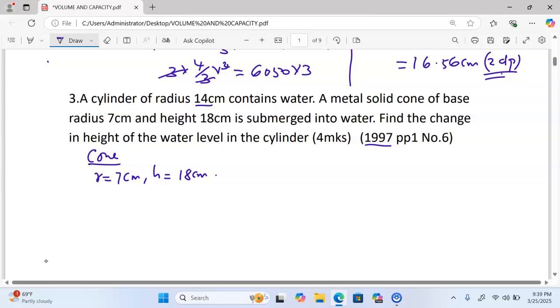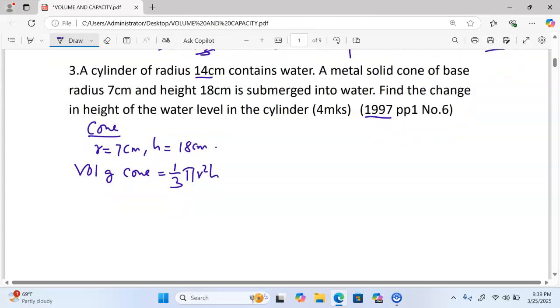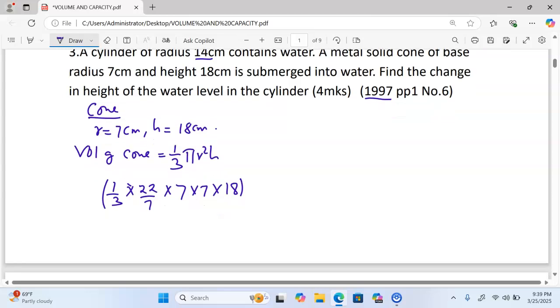We are going to begin by looking at the volume of the cone. The volume of the cone is given by 1/3 pi r squared h. This is going to be 1/3 times pi, which is 22/7. We multiply by the radius, 7 times 7, and by the height, which is 18 centimeters.